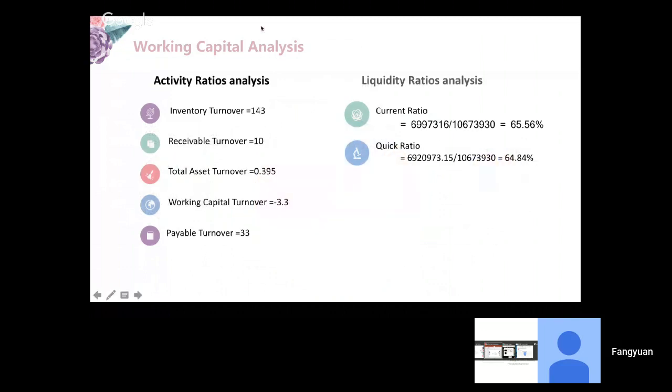As you can see from ratio analysis, those indicators suggest we have operated the business not too badly except for working capital turnover. It shows negative numbers here. Since current liability is greater than current asset, that means I didn't pay the bank loan on time.